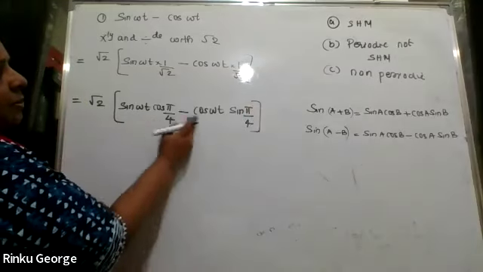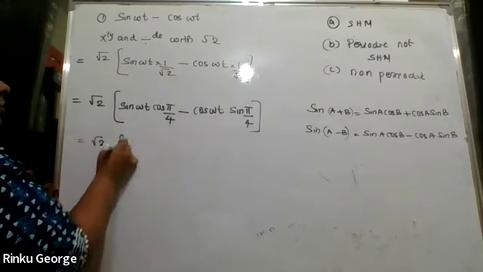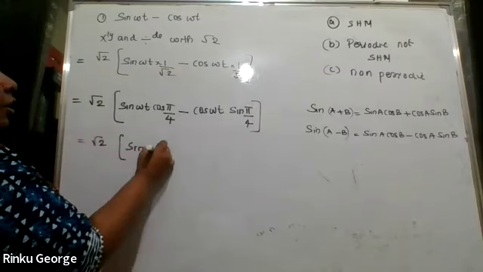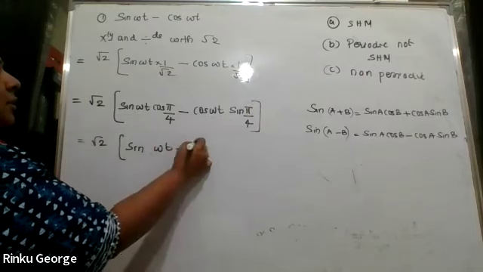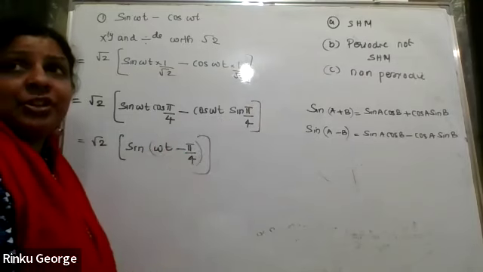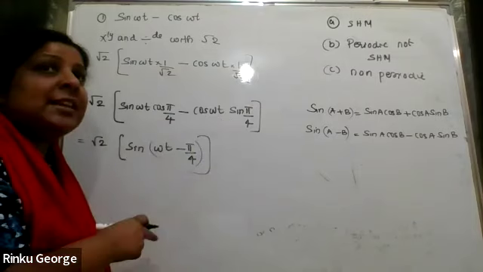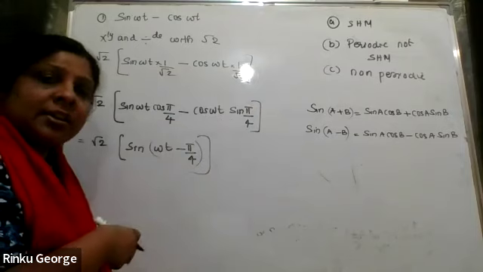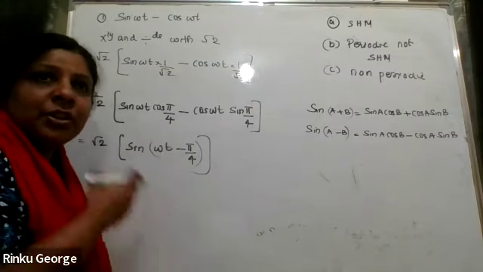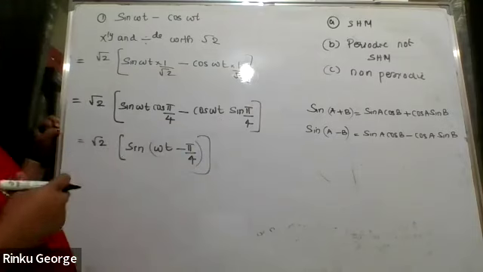So sin A cos B minus cos A sin B. So this one I can write as root 2 into sin(omega t minus pi by 4). This is in the form of SHM. This equation shows this is an SHM, and it is periodic also. It is a sine function. You have to find the time period, that we will do. Complete up to this. Clear?